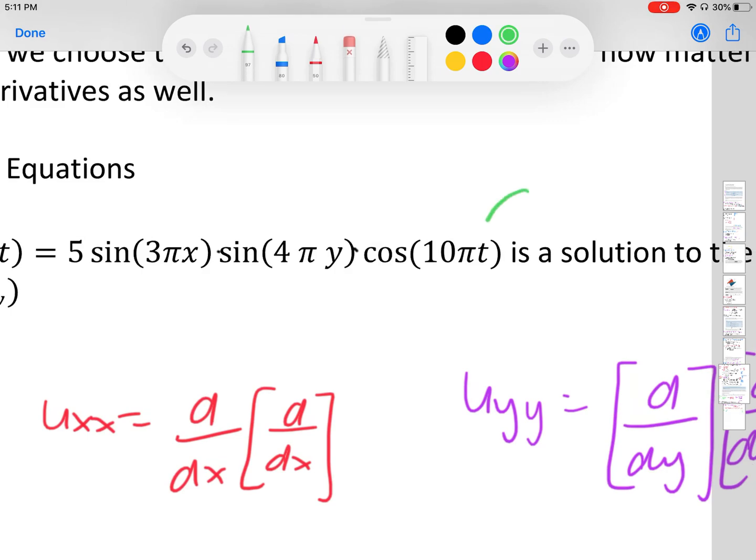We only have a t once, so I only need to take the derivative of this for it to be the derivative of your function in terms of t. The derivative of cosine is negative sine, and chain rule makes us take the derivative of the inside. The derivative of t is just 1, so we're left with 10 pi. And then we bring everything else down and multiply it in.